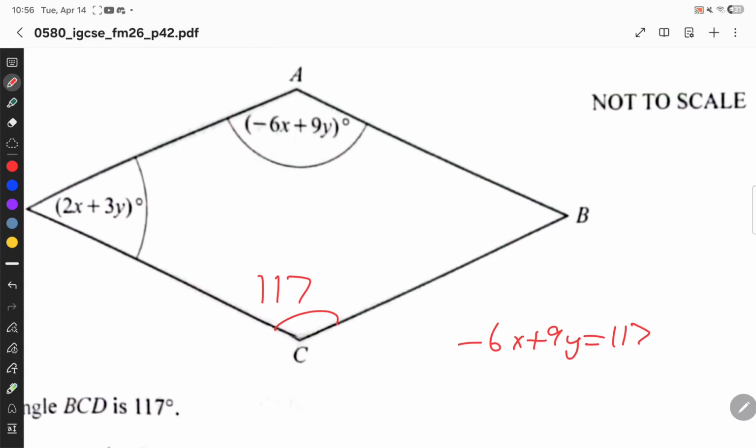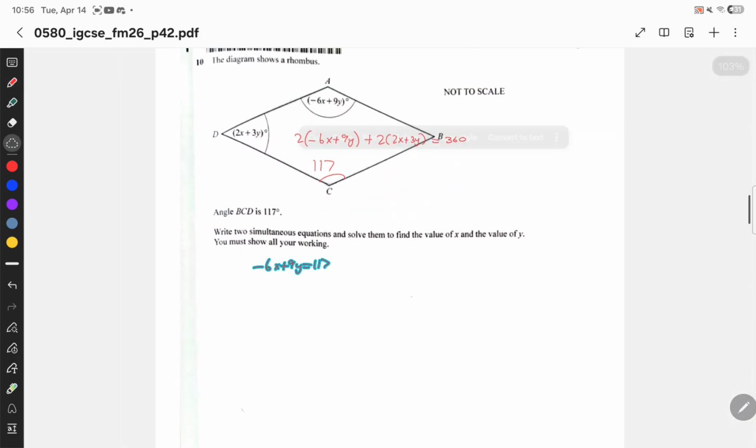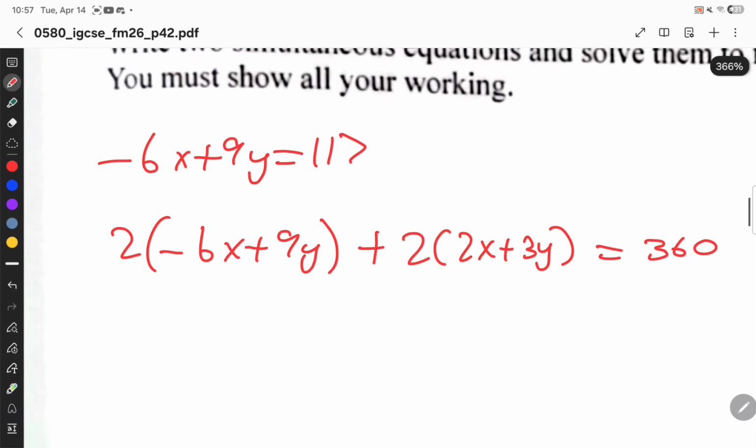So if we do negative 6x plus 9y two times, because these are the same, plus 2 times 2x plus 3y, this is 360. These are the two equations that we have made. So we can just simplify the second one and move on.